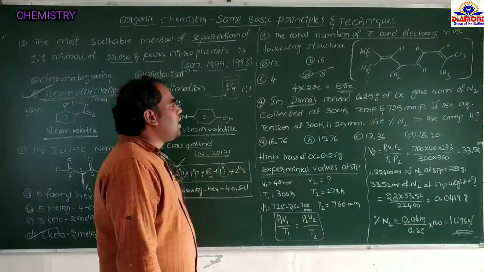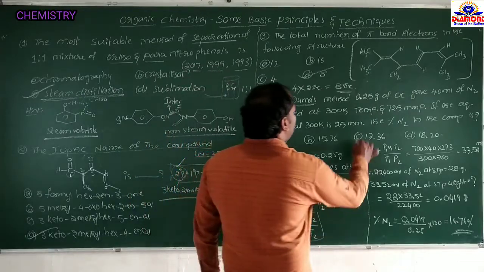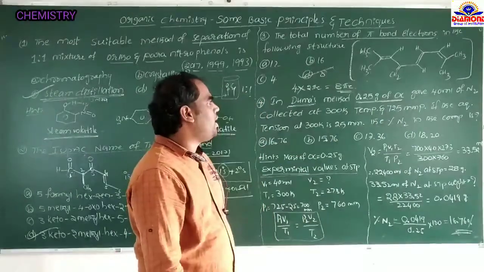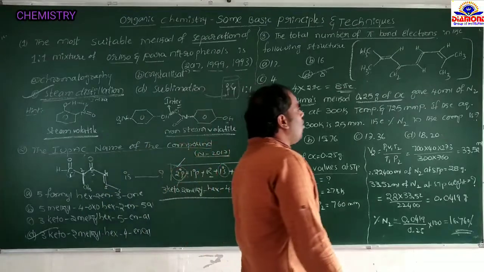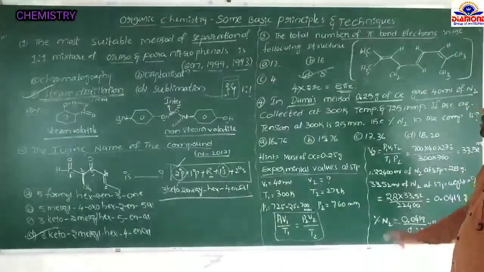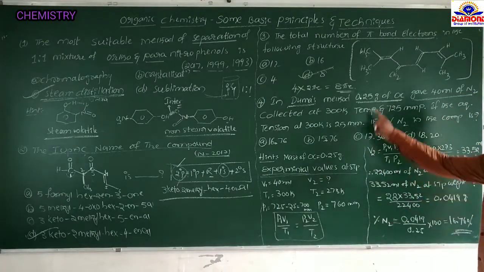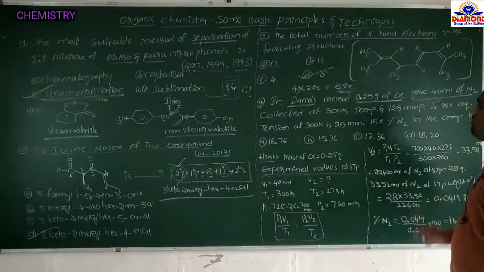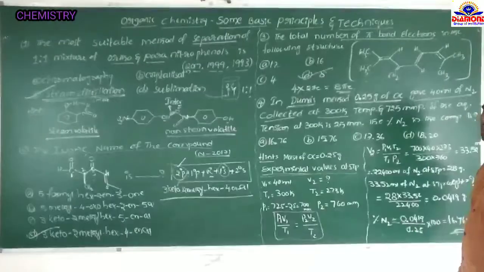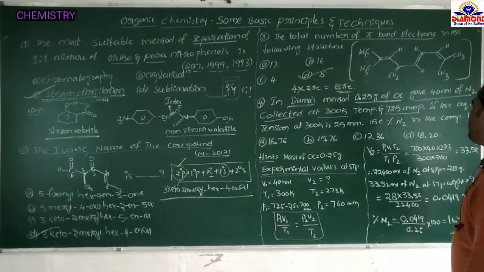Here, the fourth question: in Dumas method for estimation of nitrogen, 0.25 grams of organic compound gave 40 ml of nitrogen. Mass is given, volume is given. That 40 ml of nitrogen was collected at 300 Kelvin temperature and 725 mm pressure.